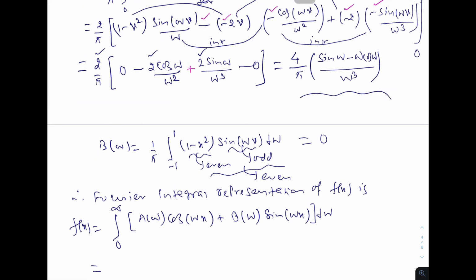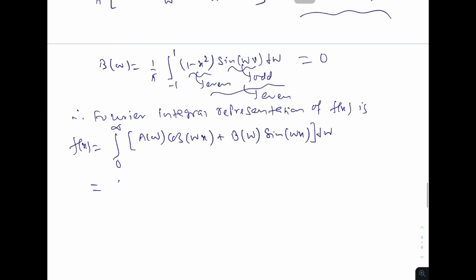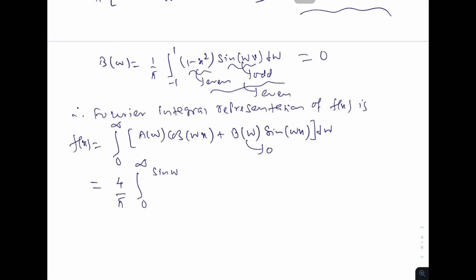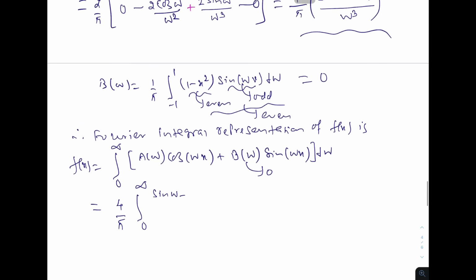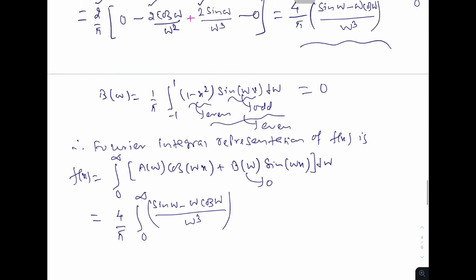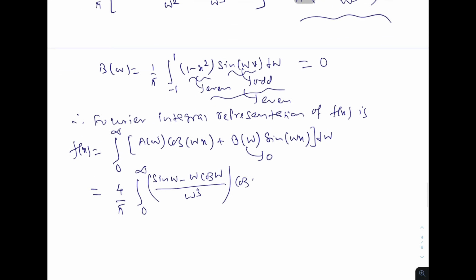With a omega as we have, that is 4 upon pi, because b omega is 0, so we get integration 0 to infinity sine omega minus omega cos omega over omega cube, into cosine omega x d omega. So that is the answer.